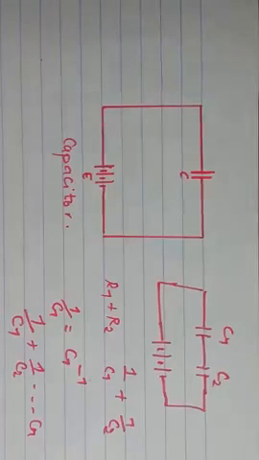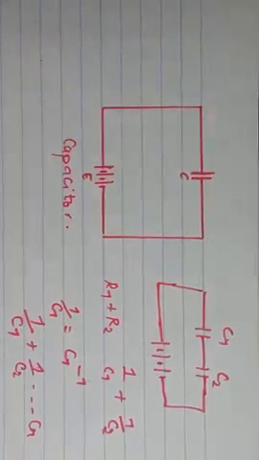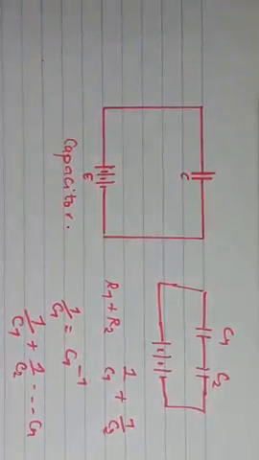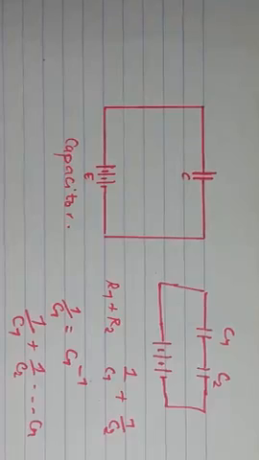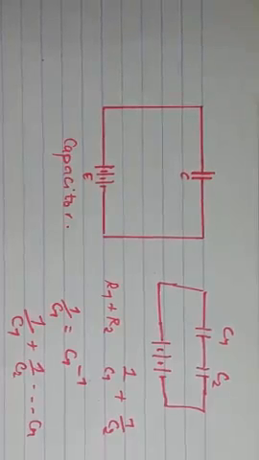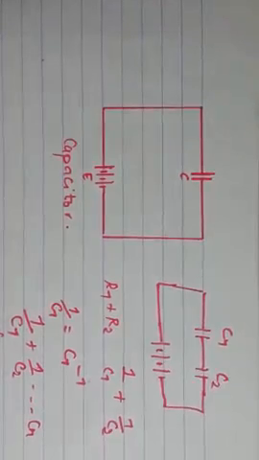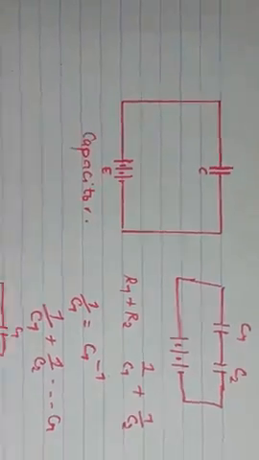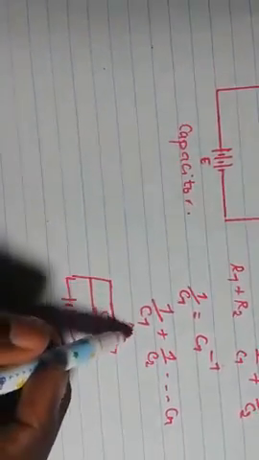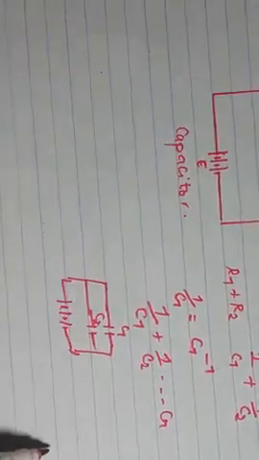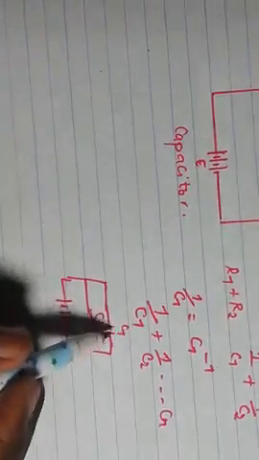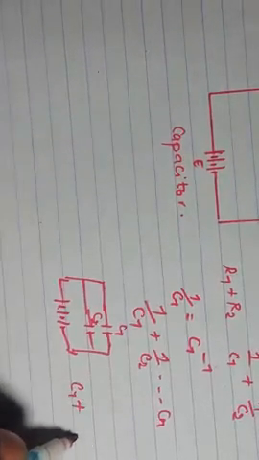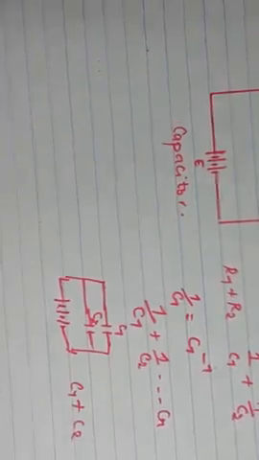Now, when capacitors are connected in parallel, we simply add them up to get the total capacitance. As in, if these are C1 and C2, we simply take C1 plus C2.